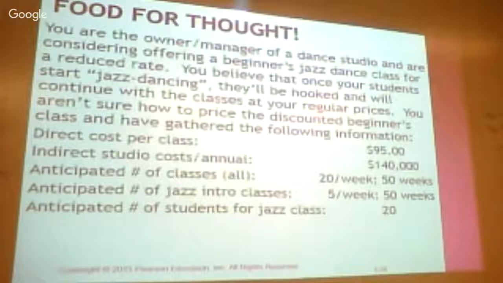Do I lose a little money to start these kids out, knowing that on the back end, if they continue, then I could jack it up, say $20 per class? Should I say $10 for this introductory class and lose a little money, but then they love it, they continue, and I charge them $20?